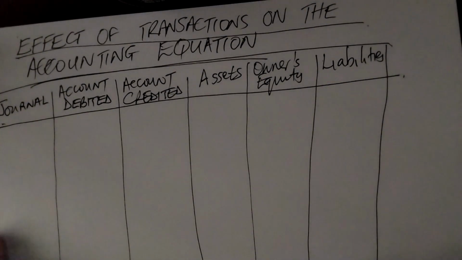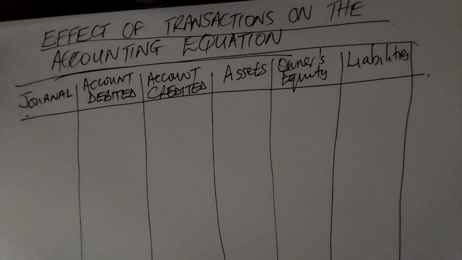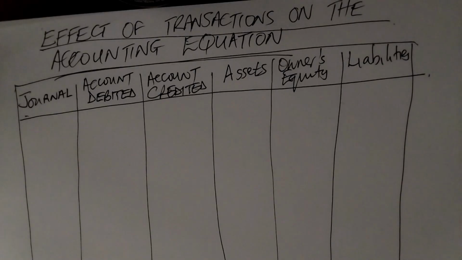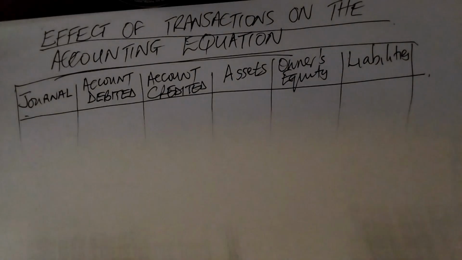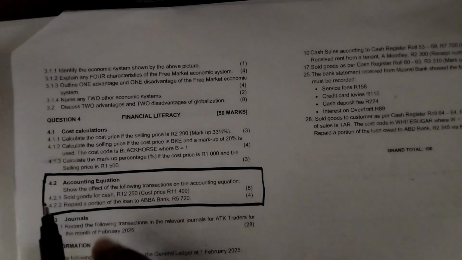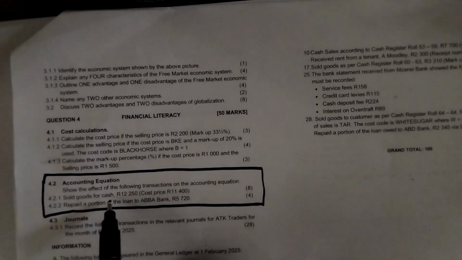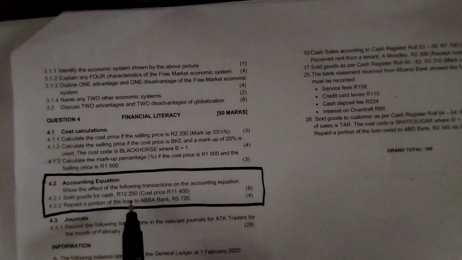So now you can get maybe an answer book like that where you need to look at the effects of transactions on the accounting equation. So I'm going to start with what is circled in black there. Your accounting equation. So if you look at 4.2.1, it says sold goods for cash at 12,250.